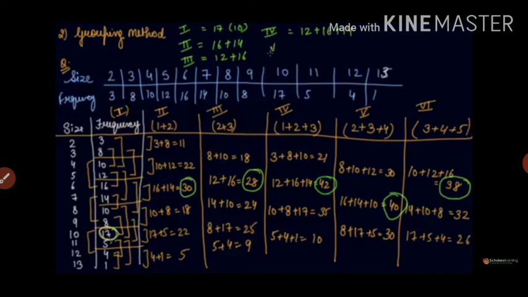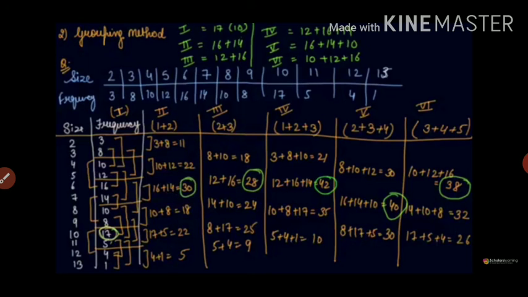In column 5 we had 40 as the highest frequency, 16 plus 14 plus 10. In column 6 we had the highest frequency by adding 10 plus 12 plus 16. So I have written all the highest frequencies which we got by adding the actual frequencies in the grouping table.